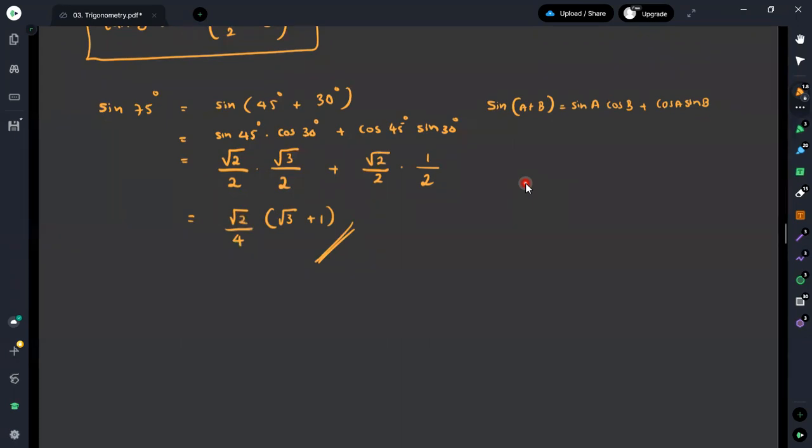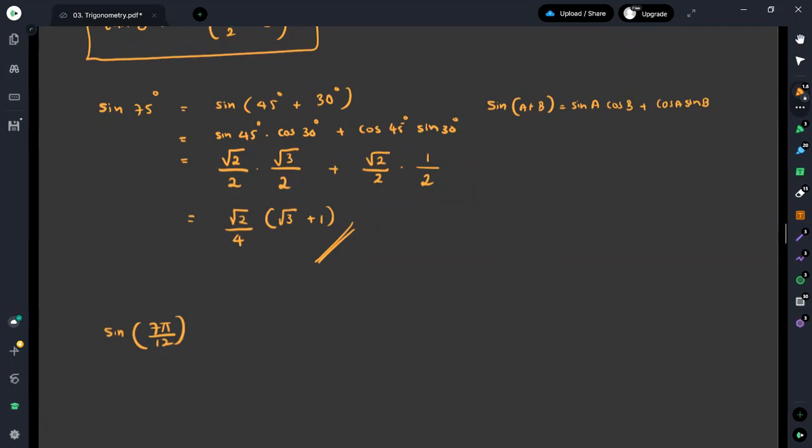Suppose we have another angle with radian measures, sine 7 pi over 12.